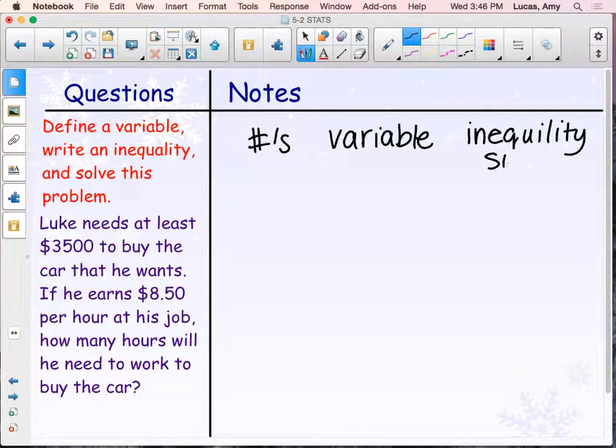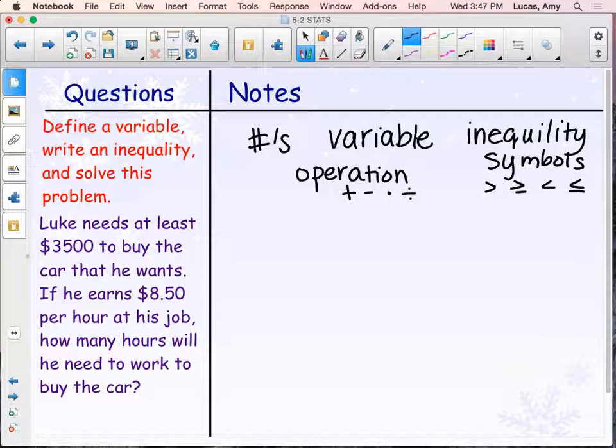And we probably need some math operations in there. So that would be all of the stuff that we're looking for in our inequality: number or numbers, variable, operation, like add, subtract, multiply, divide, and then an inequality symbol.